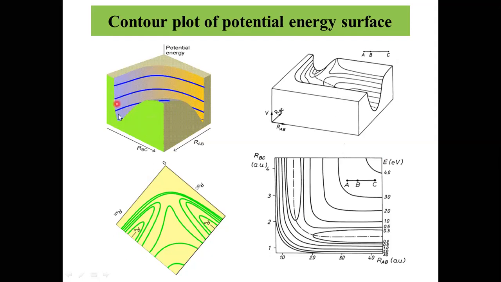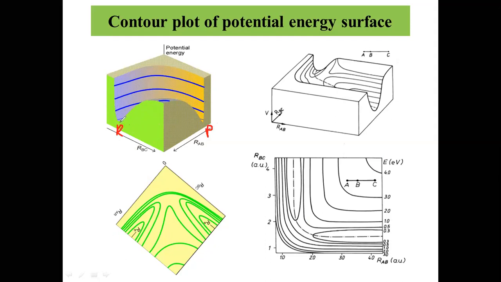This is going to be the diatomic potential for BC when A is infinitely separated, right? Similarly, this is going to be the diatomic curve for RAB, so that is the product. Let me write this, then it gives you some idea. So this is reactants and this is products P, right?